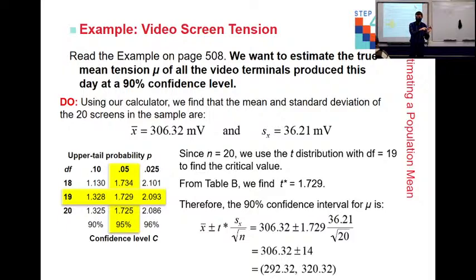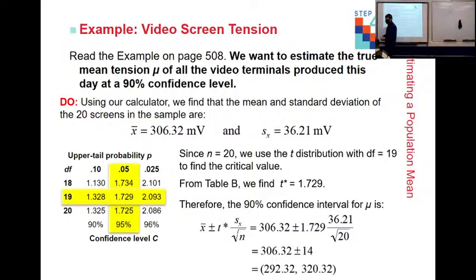Exact same interpretation. It's going to be, we are 90% confident that the actual parameter, which in this case is a mean this time instead of a proportion, so that the actual mean tension of the video screens, you should have written that part down in step 1, falls between, here are the two numbers.